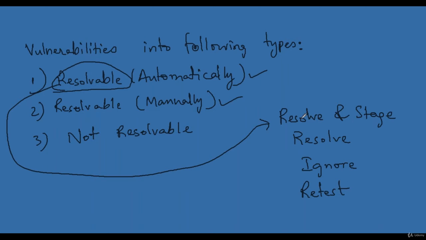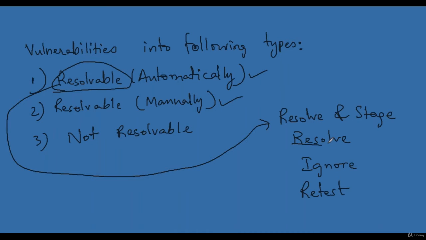Resolve and stage means it updates the security policy to protect against the vulnerability, but puts the parameters in staging mode. So you have to select that option and enforce it.